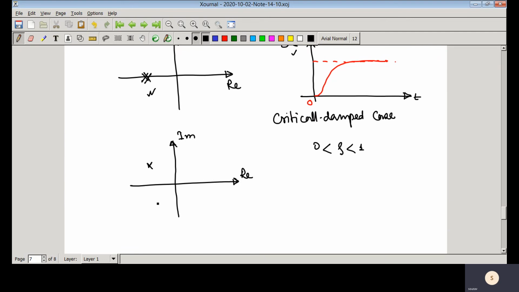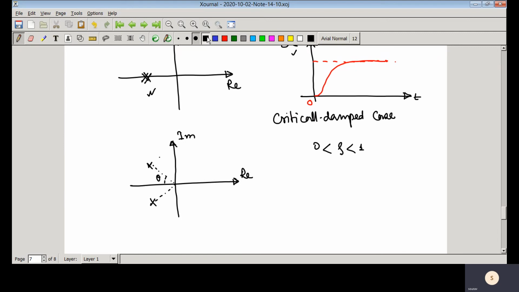One pole is here, another pole is here, and as we have discussed, whenever you have that pole location, if you just find that theta, cos theta would give you the zeta value, and once you vary the location of the poles, theta would also be varying and the zeta value also will be varying.